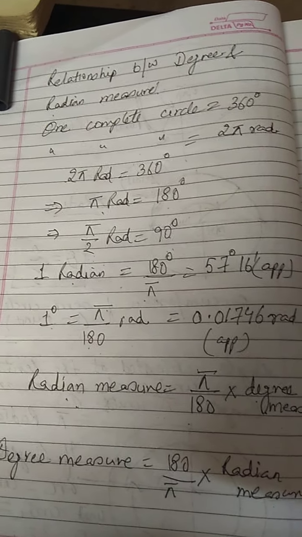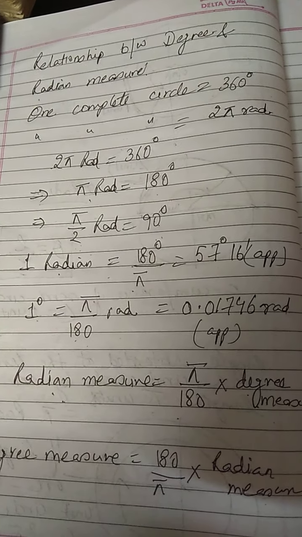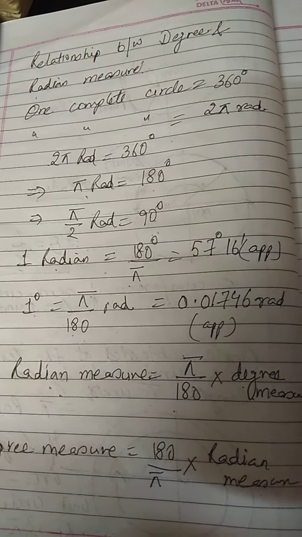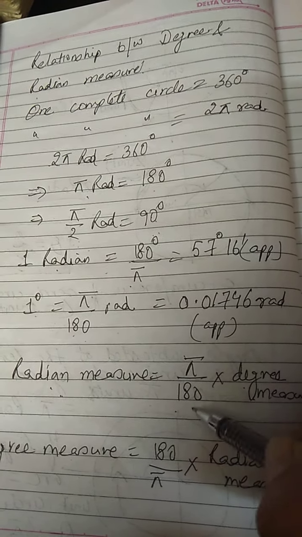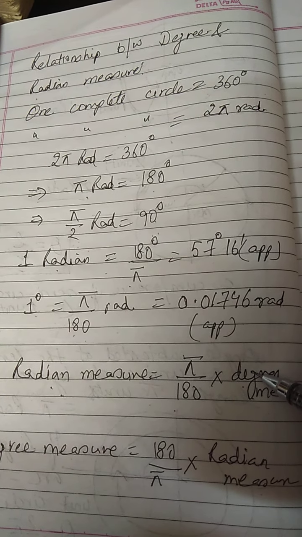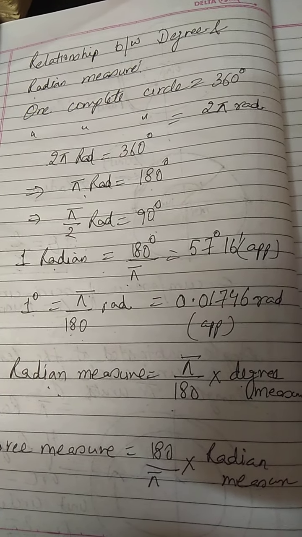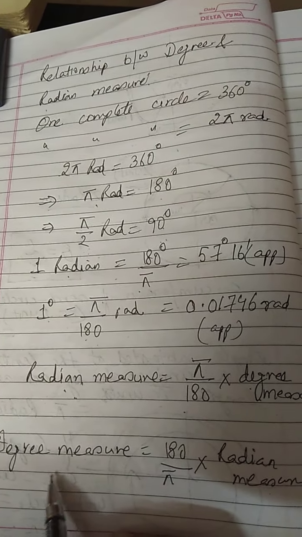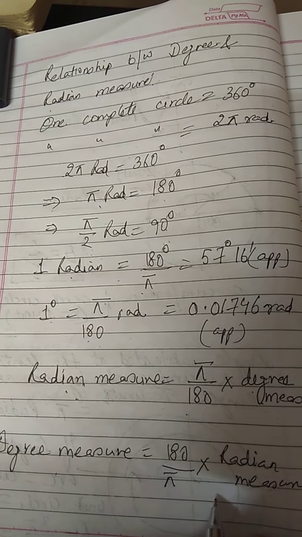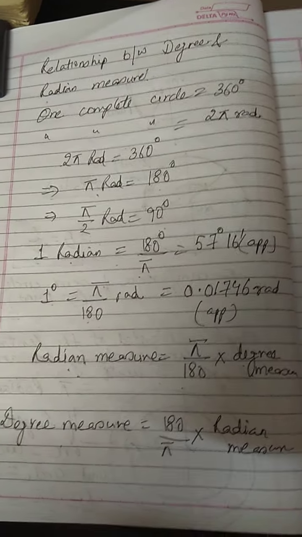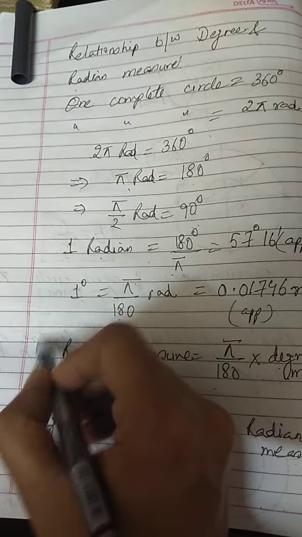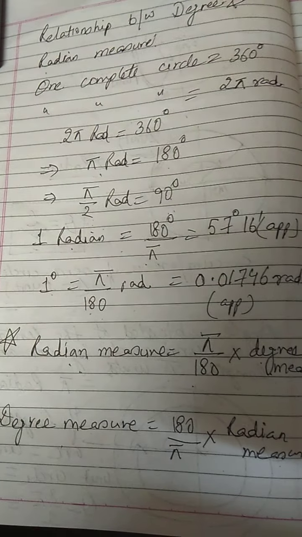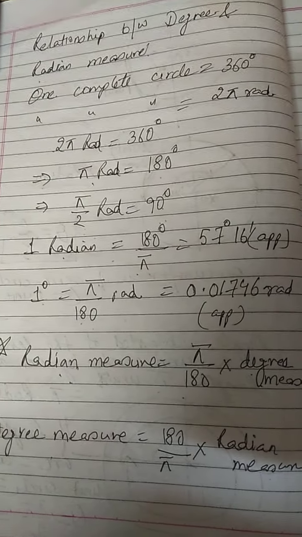If the angle is given in degree measure and we are asked for the radian measure, we simply write pi by 180 into the given degree measure, and the answer will be in radians. If it is given in radian measure, we use this other formula. So these two formulas are for conversion from degree to radian and radian to degree.